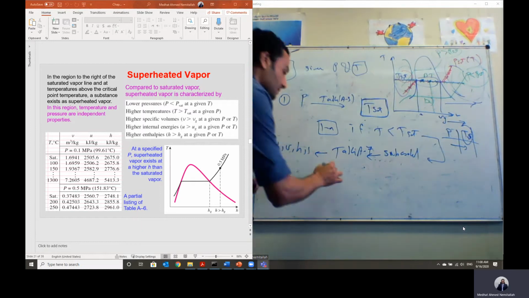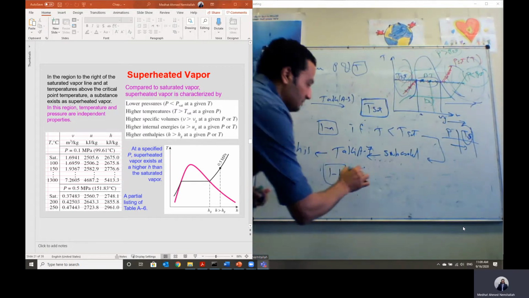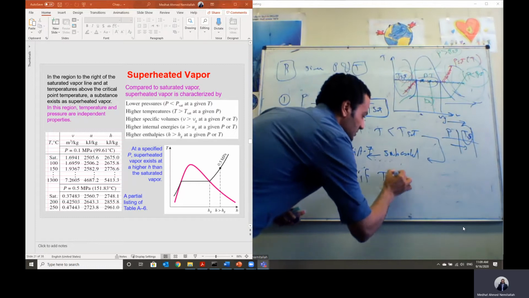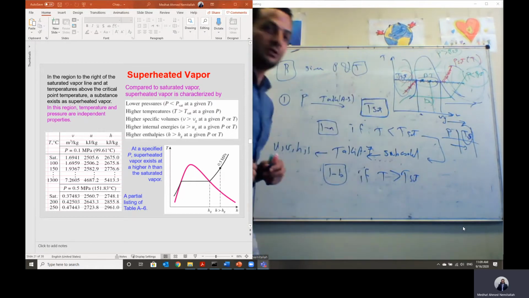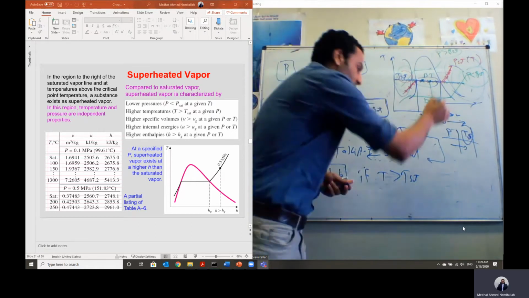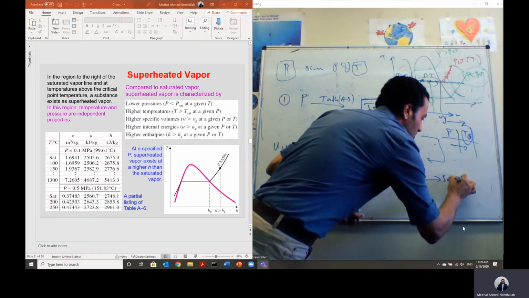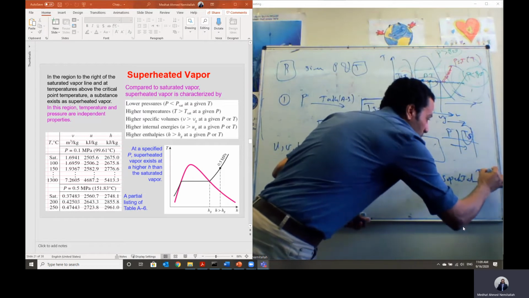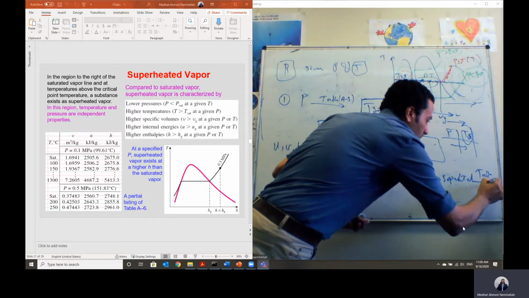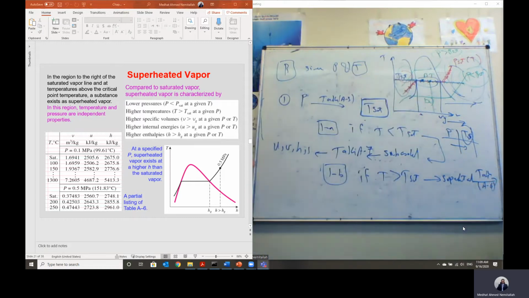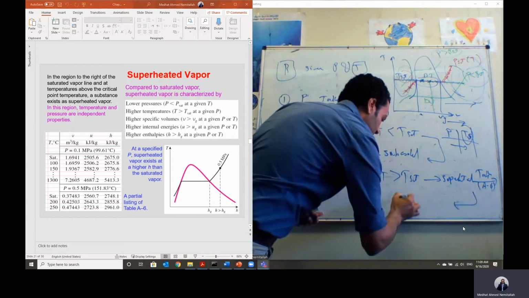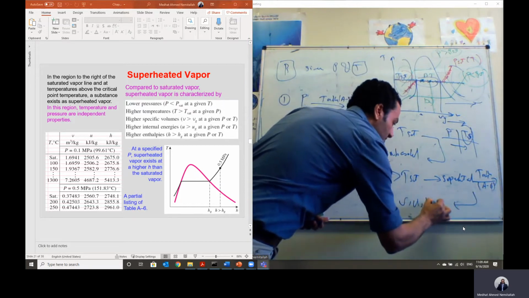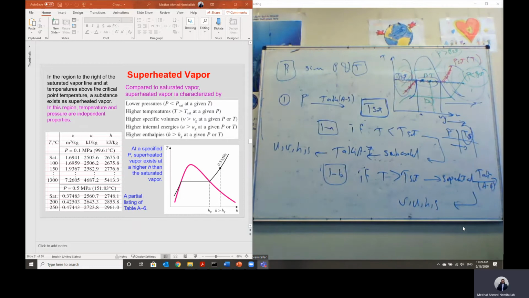Option 1B, if we find this temperature is greater than the saturation temperature, that means the state of the steam is superheated steam. And in this case, I have to use table A6 to calculate the other properties like specific volume, internal energy, enthalpy, and entropy.